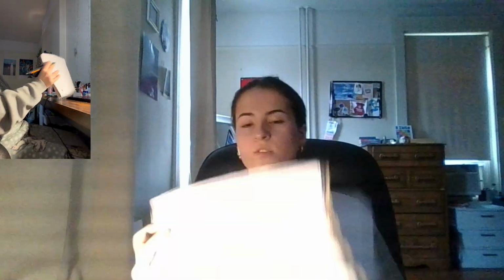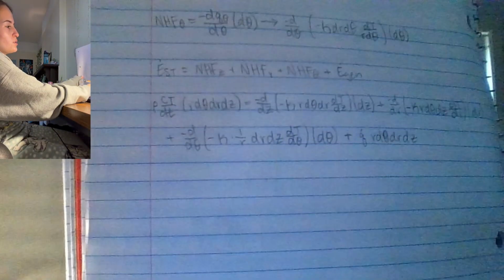And then finally, we'll add the energy generation term, which is just the flux rate, so Q dot times r d theta dr dz, which is the volume. So I just plugged in that known value there as well.